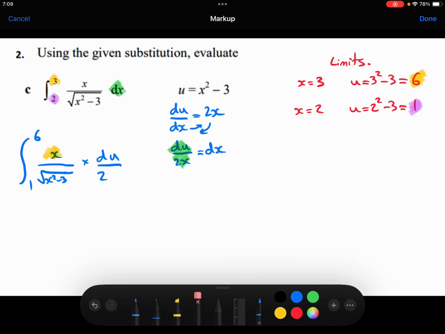So I don't need to worry about those. The only thing I do need to worry about is down here, I've got the x squared minus 3, which I know is just going to be u in the u world.